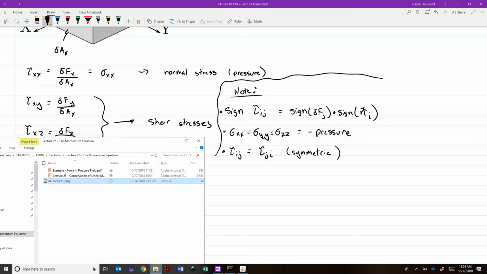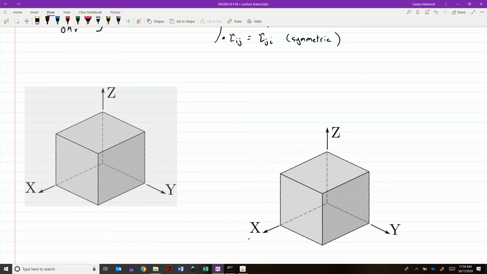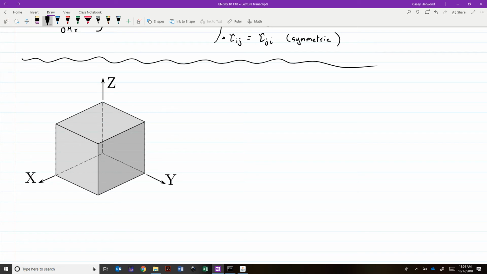Okay, I'm going to borrow my picture again here. A little bit of practice naming the fluid stress tensor elements.